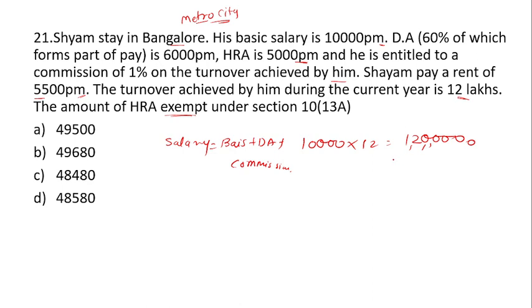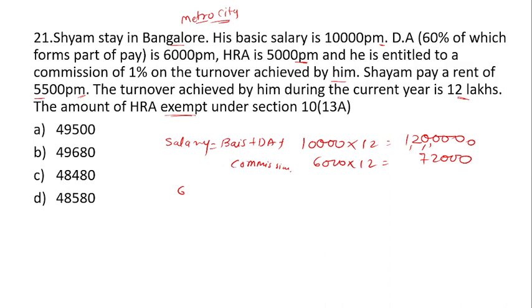Then 6,000 per month as DA, so 6,000 multiplied by 12, that is 72,000, and commission 1%.